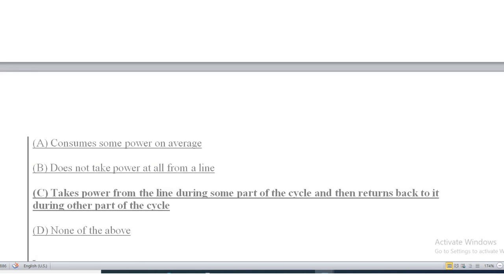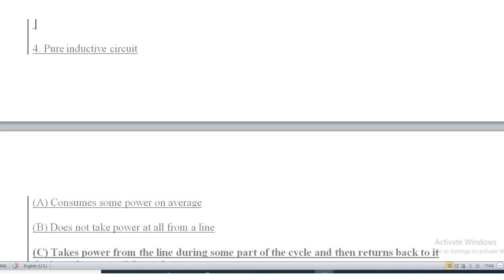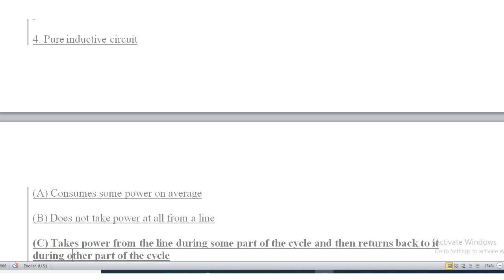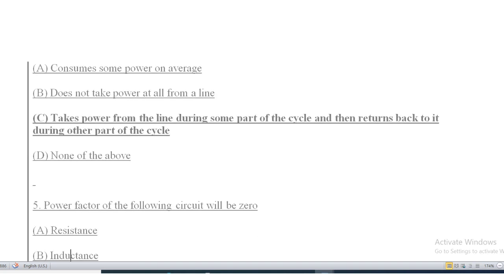The next question is pure inductive circuits. What are the pure inductive circuits? It takes power from the line during some part of the cycle and then returns it during other part of the cycle.